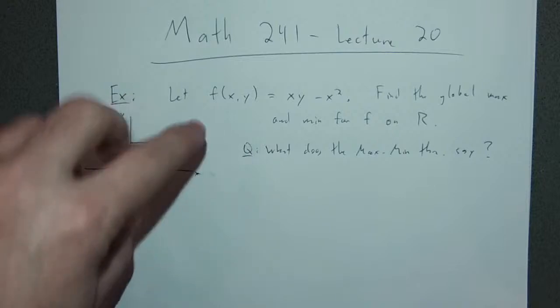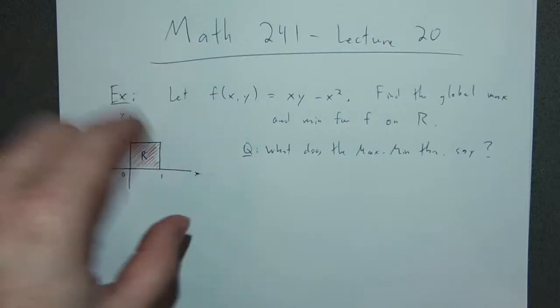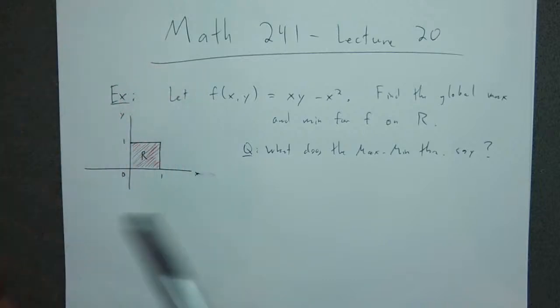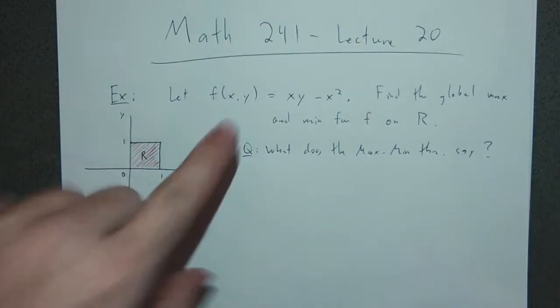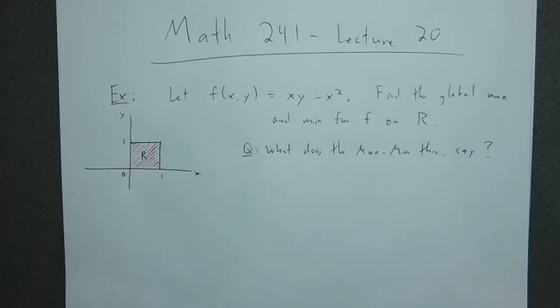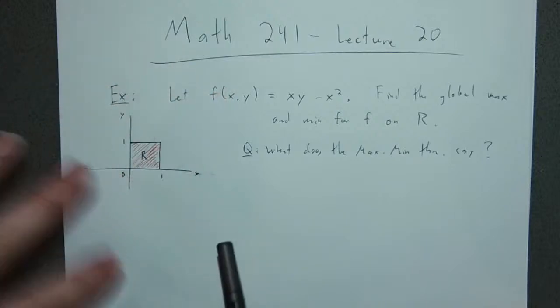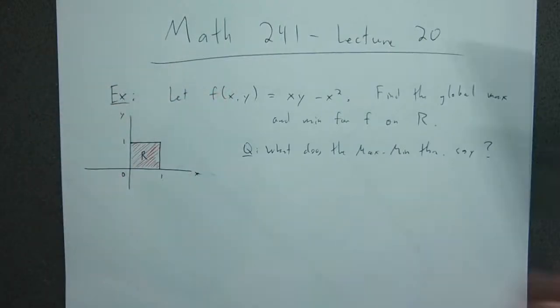The graph of this function lies above this region R. I don't know exactly what it looks like, but I don't have to. That's the strength of these methods. The graph is either above or below R. Maybe parts are above, parts are below.